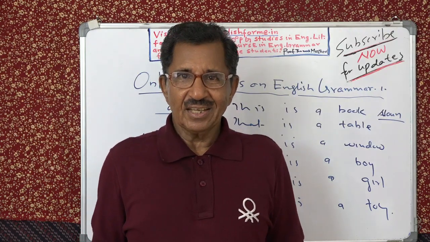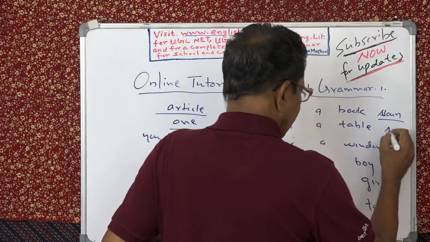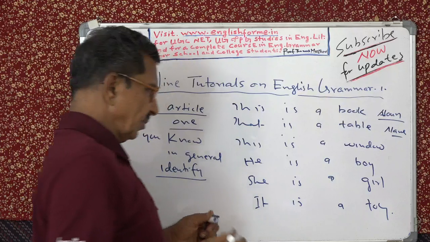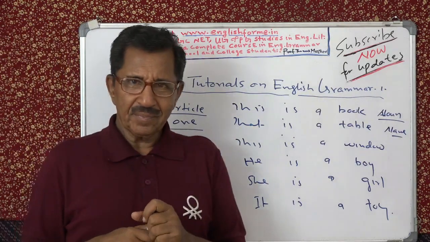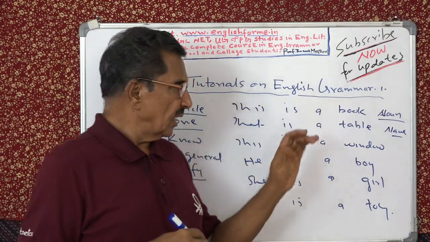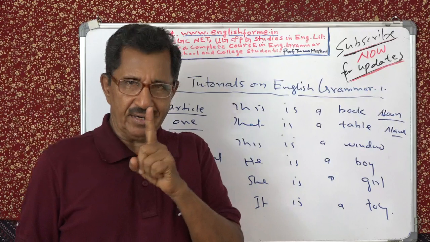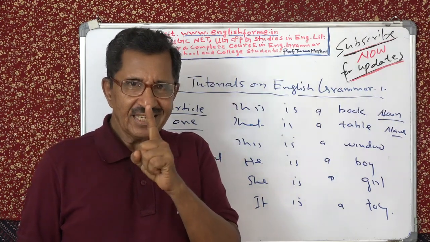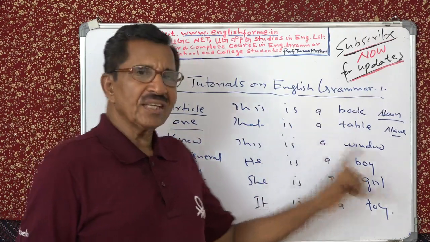So noun simply means name. Is that clear to you? Whenever you use a name, then you have to use a before it. What is the meaning of a? One. Therefore, if you are speaking about one, you should use a.